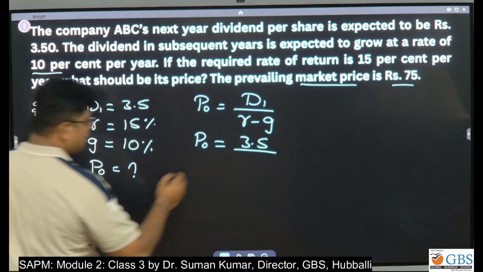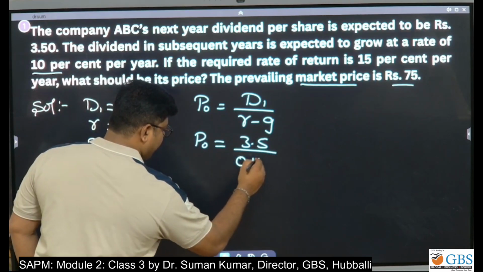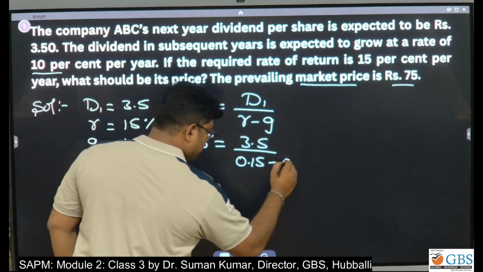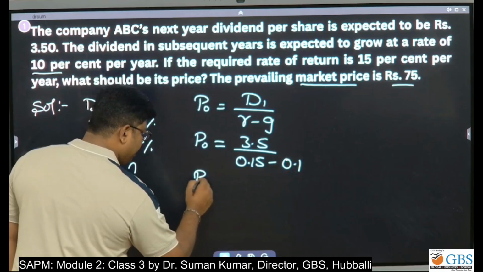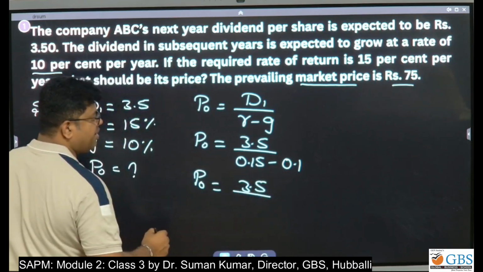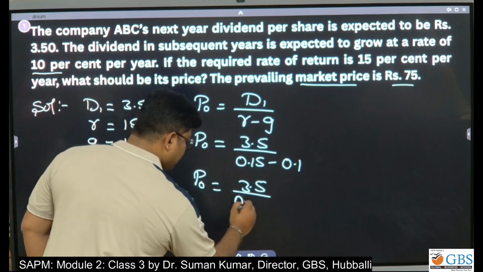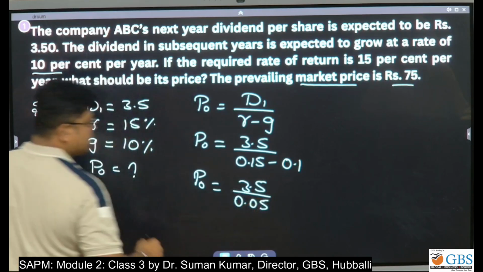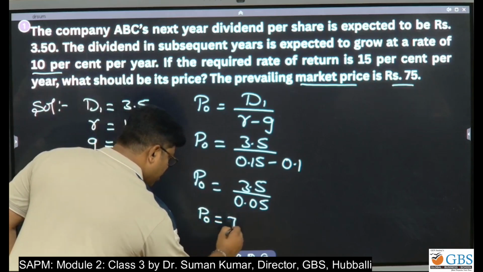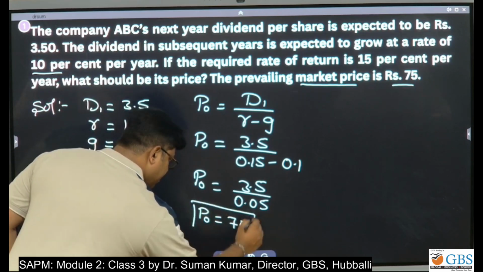Required rate is 0.15 minus growth rate 0.1. So P0 is equal to 3.5 divided by 0.05. So the answer: P0 is equal to 70.